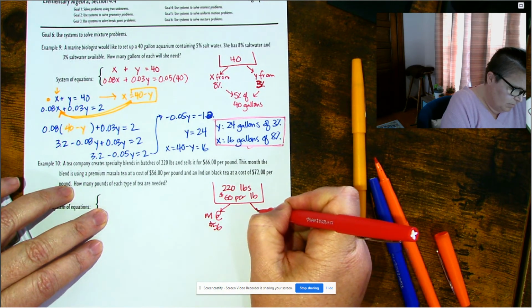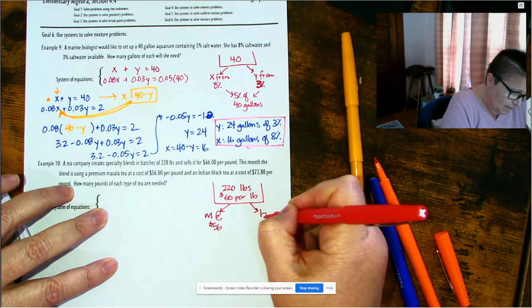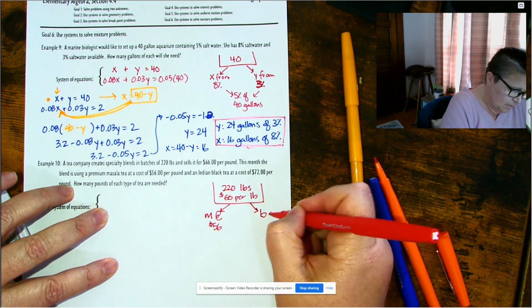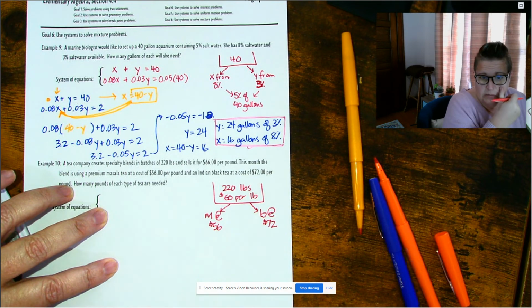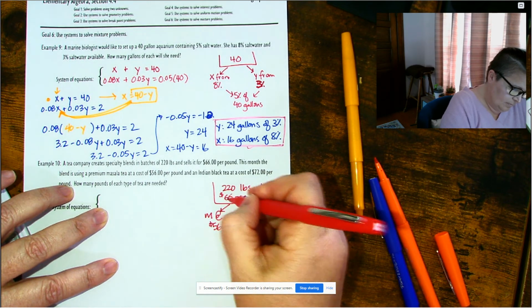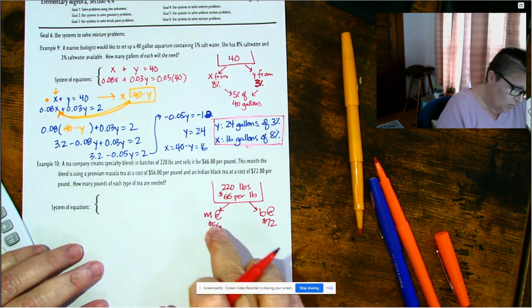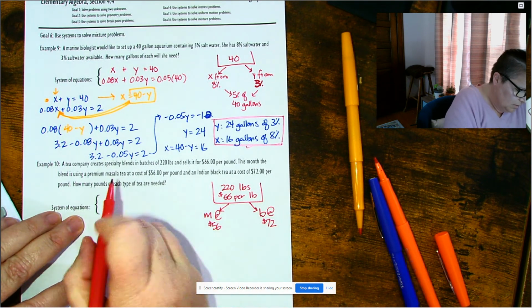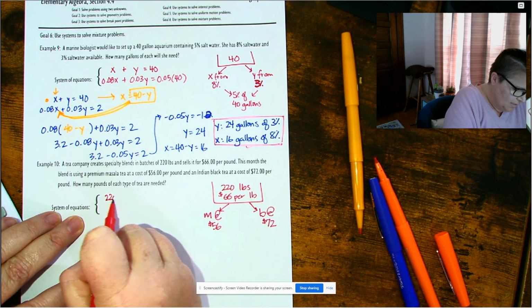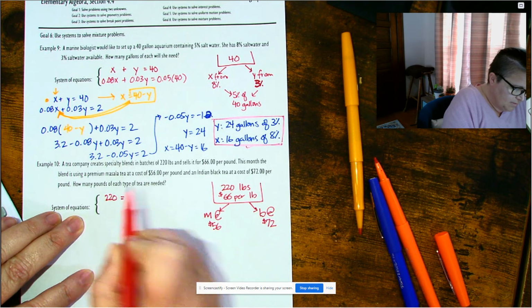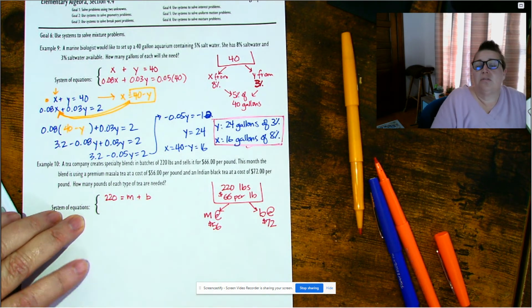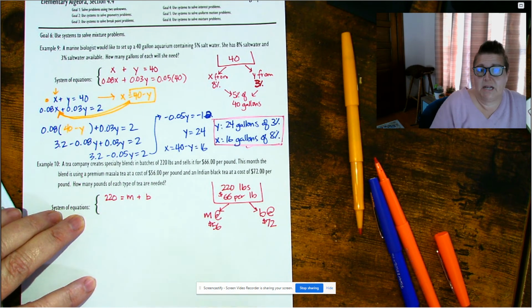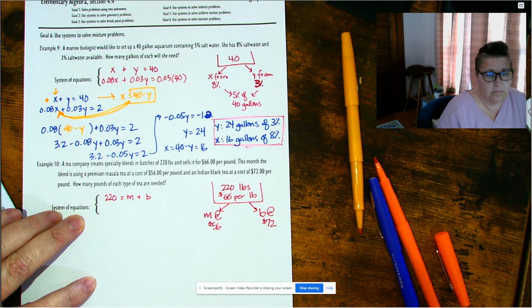The second blend, I'm going to use a B for the Indian black tea, and that's going to be at $72 per pound. I know that the total pounds is 220, and that's got to be some mixture of the masala tea and the black tea. So that's my first equation. The masala tea plus the black tea has to equal 220 pounds.